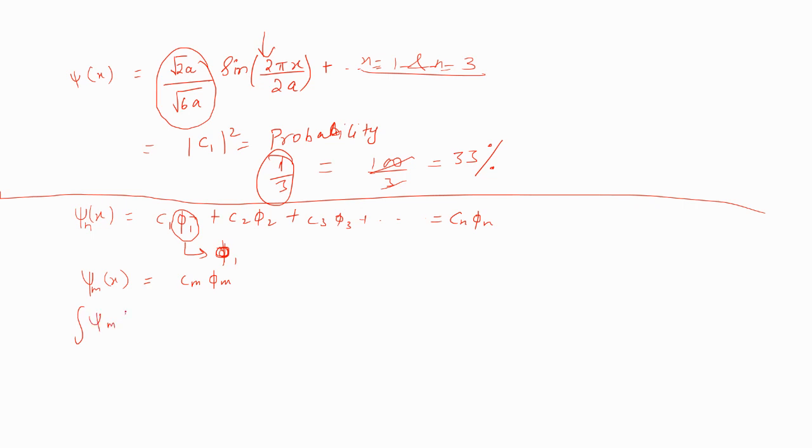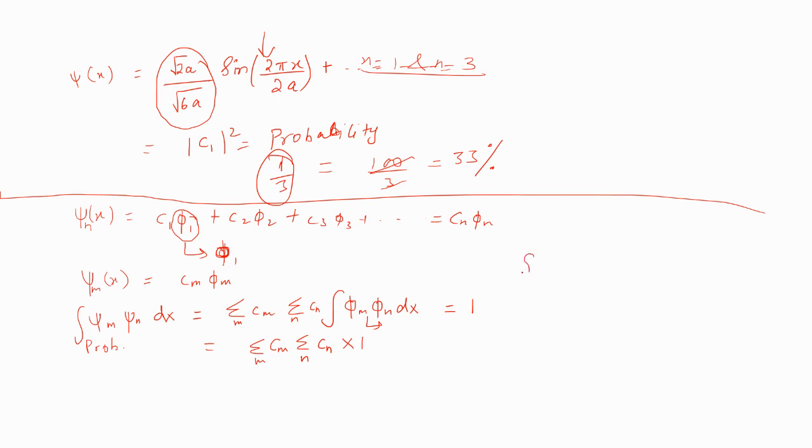Now do this. You will get cm cn times the integral of phi m phi n dx equals 1, because the probability of finding the particle in all the space is 1.